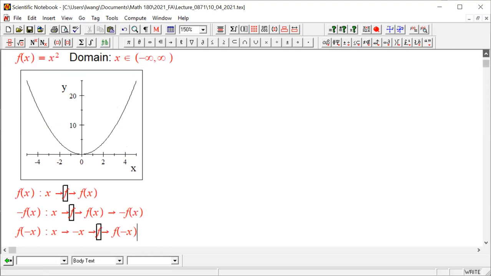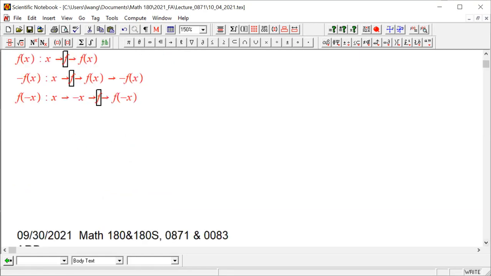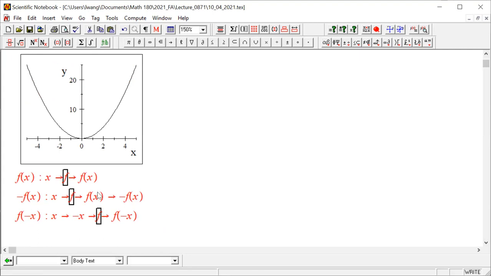In this particular example, with x squared as a concrete function, what does it mean? Suppose this is going to be x squared. What does the negative of f of x mean? Well, f of x is x squared, so when you put a negative sign in front of f of x, that's going to be negative x squared.